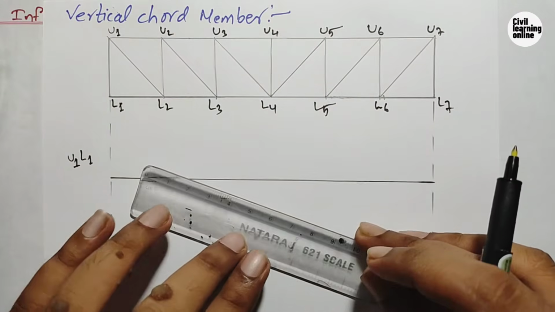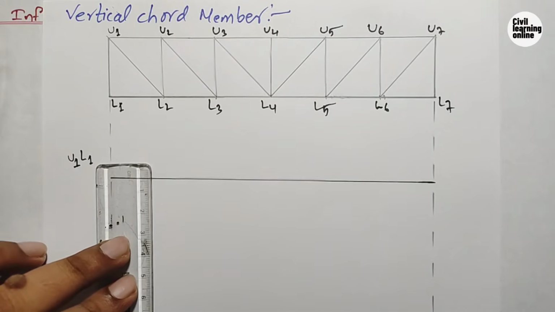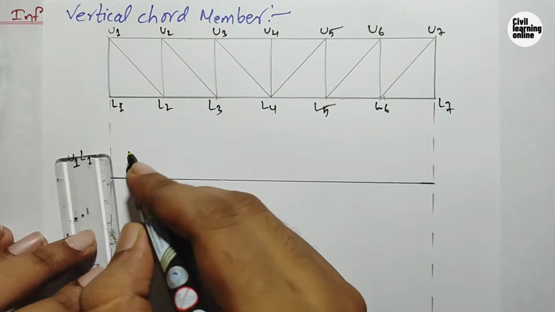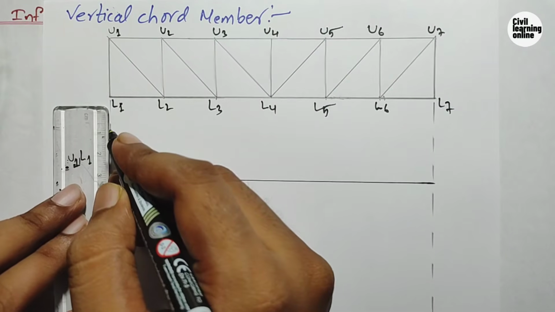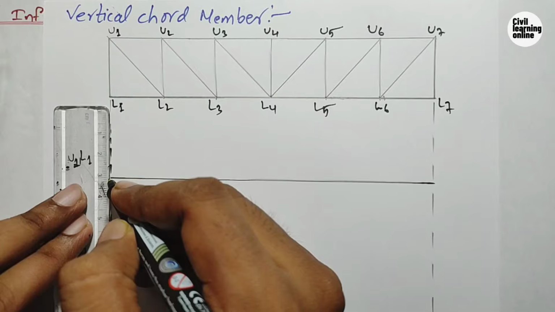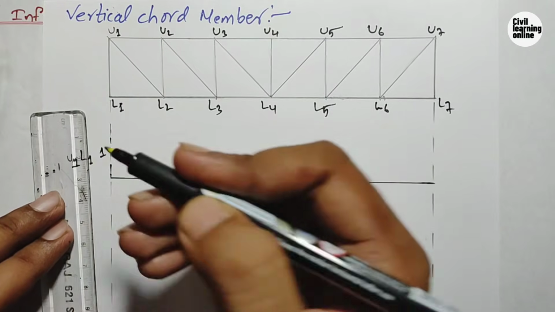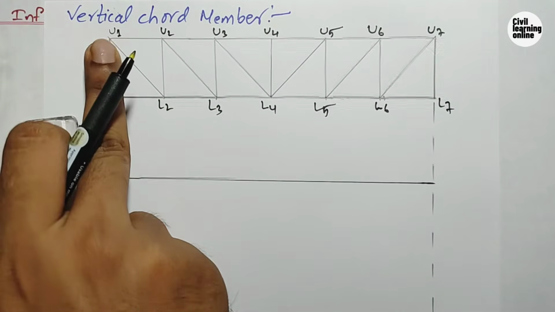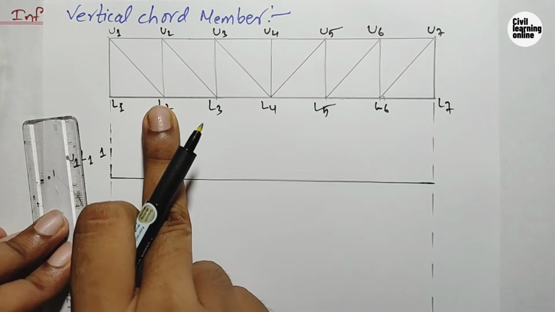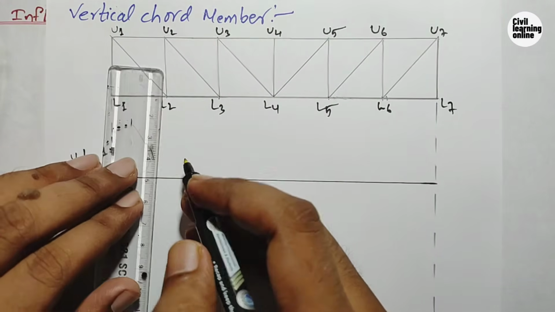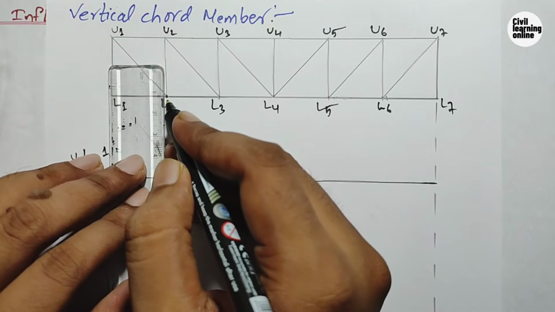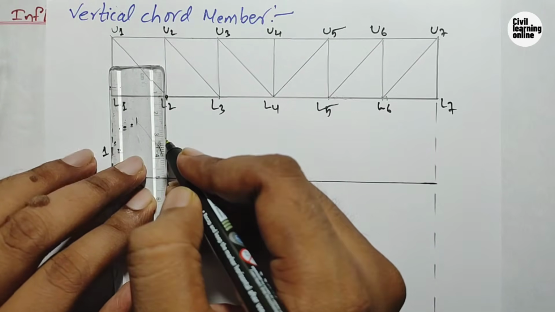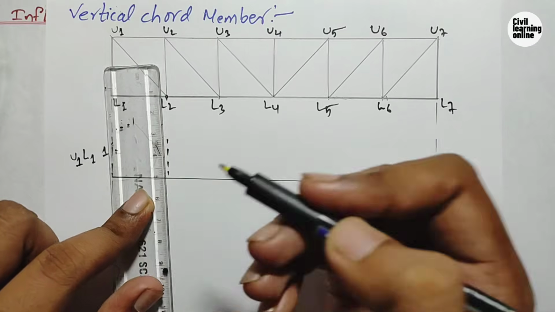So for reaction, if you remember, the maximum value of our influence line diagram was 1, and guys, the load carried by this vertical member is transferred at the node L2, so draw the dotted line at L2 like this.